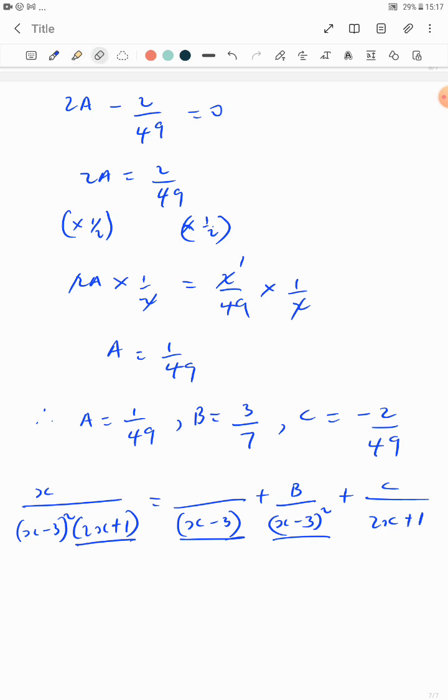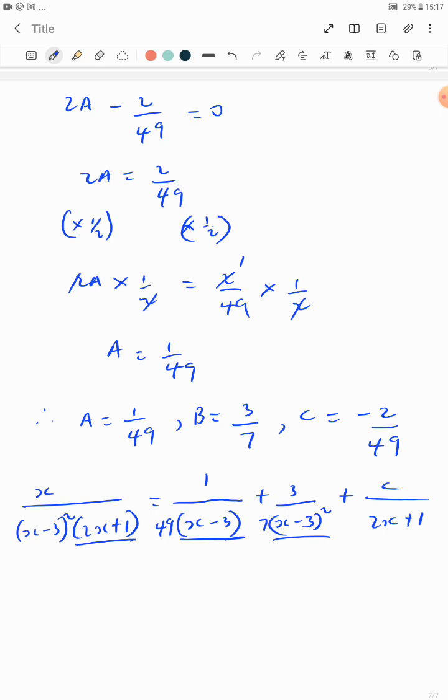So if you put A as 1 over 49, it's just like writing something like this. So 49 will come down. And the same thing with B also: if you put in B as 3 over 7, this is how it will be, 3 over 7 into bracket this.